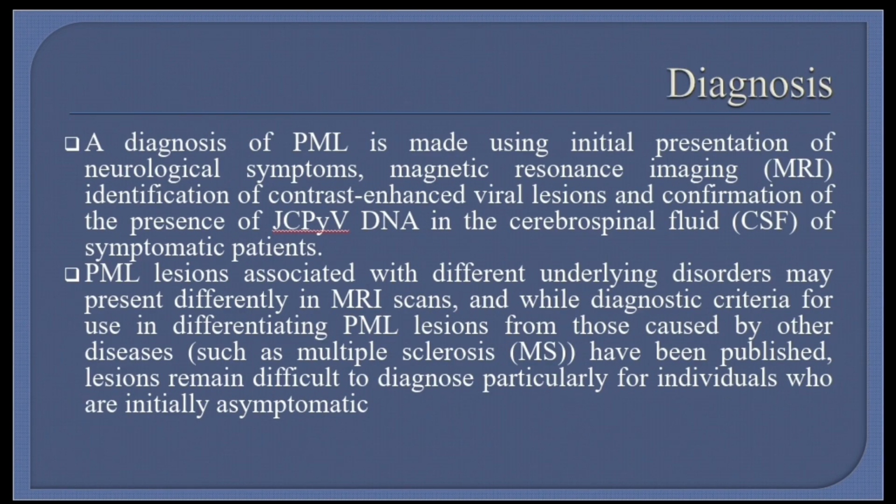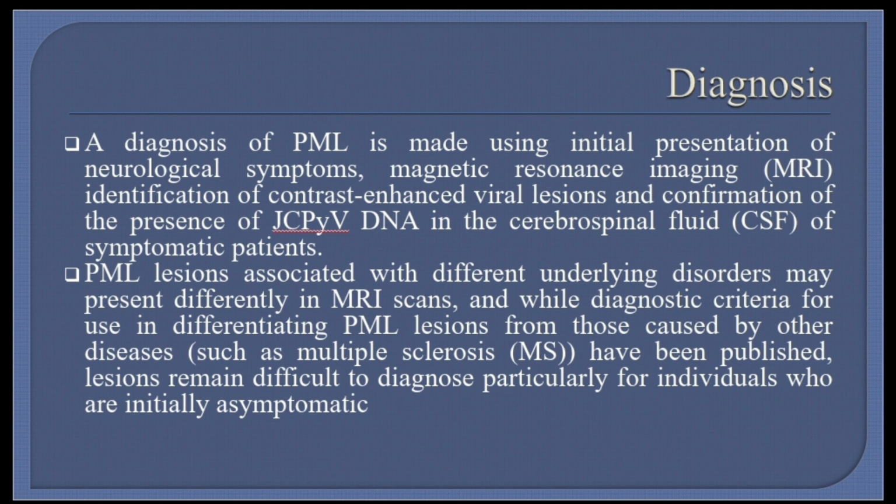Diagnosis of JC virus. A diagnosis of PML is made using the initial presentation of neurological symptoms, magnetic resonance imaging, that is MRI, identification of contrast-enhanced viral lesions, and confirmation of the presence of JC polyomavirus DNA in the cerebrospinal fluid, that is CSF, of symptomatic patients.